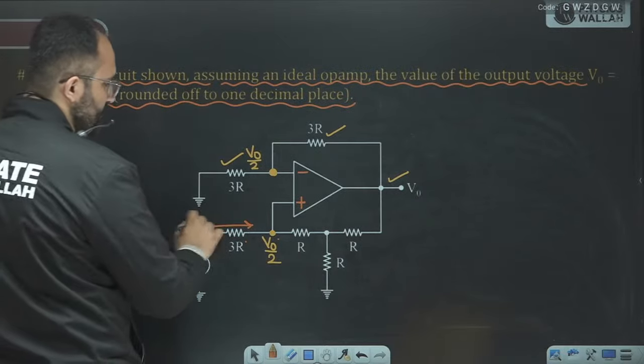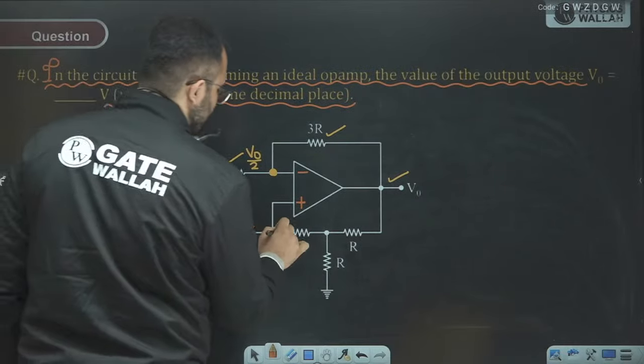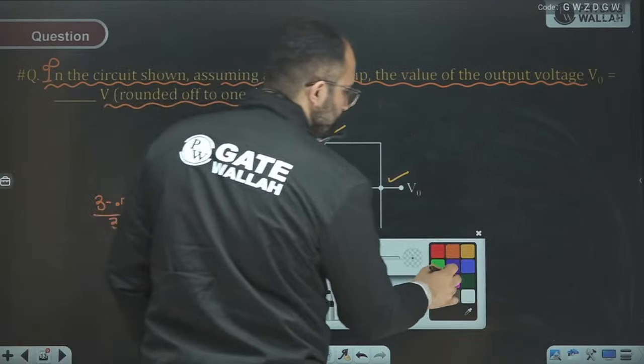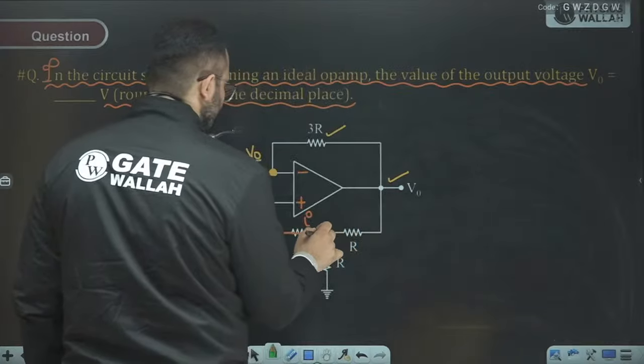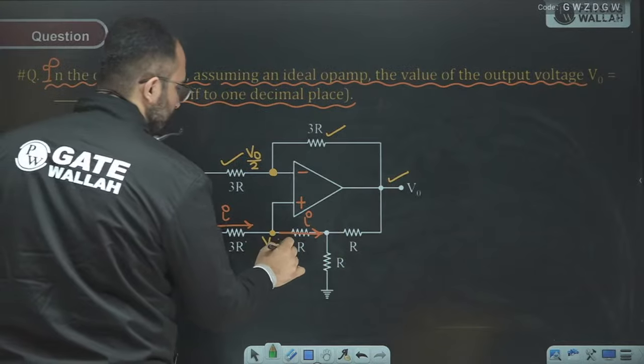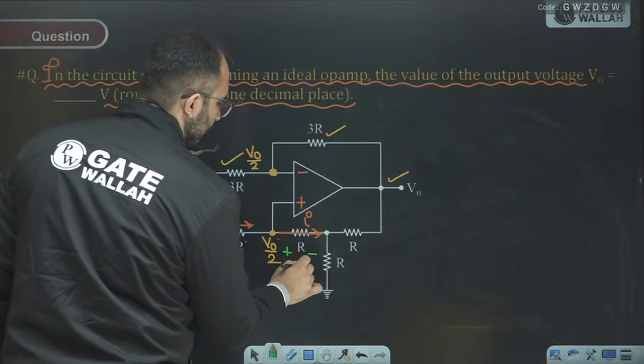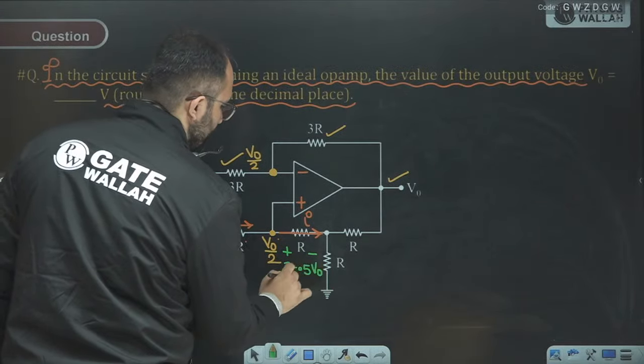This is the current. The same current will flow here, so the drop will be 3 minus 0.5 VO divided by 3.